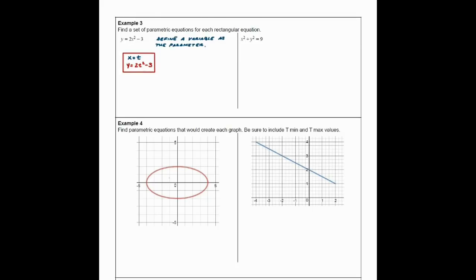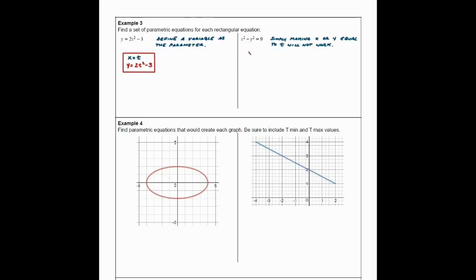For the second example, it is going to be a little bit different, and what I mean is, looking at that, if I just said x is t or y is t right off the bat, it's not going to give me a simple algebraic way to write the other variable in terms of t. So what I'm going to do first is try and rewrite this equation so that it looks something like what we did in a previous example, or like an equation that we've dealt with before.